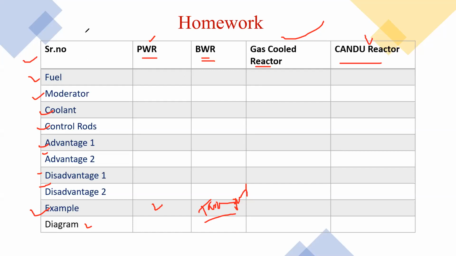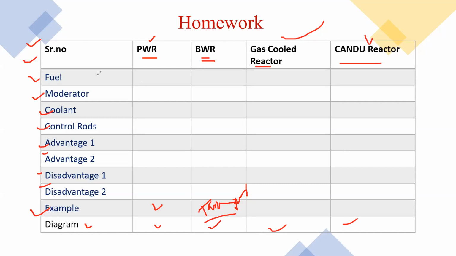If I learn all the types of reactor which are asked in the exam, I prepare one chart. Before going to the exam, just look at it and remember the diagram. If you remember the diagram, you can easily write down each and every point, because the working is the same for all the reactors.